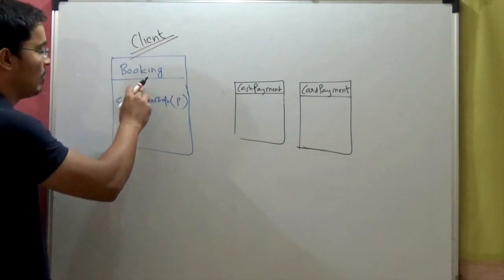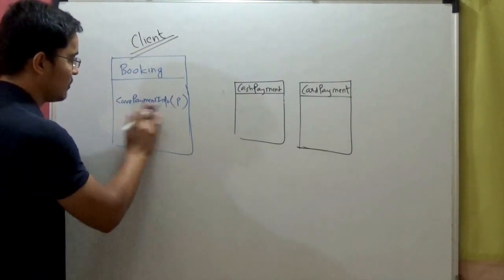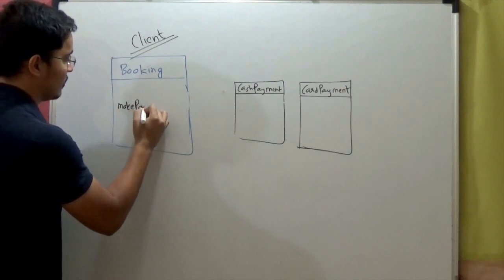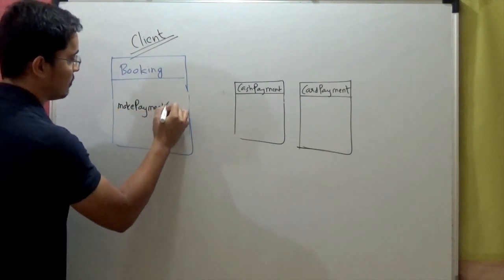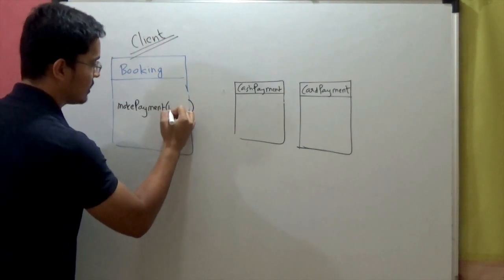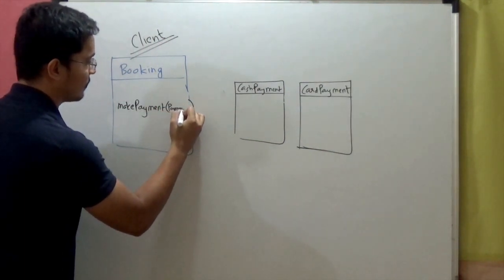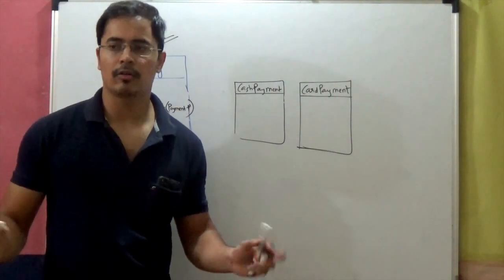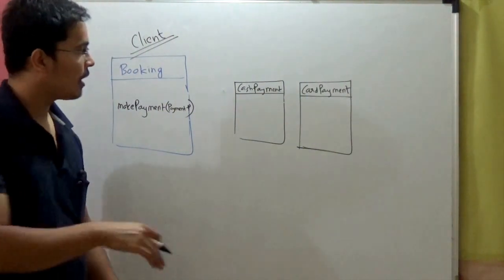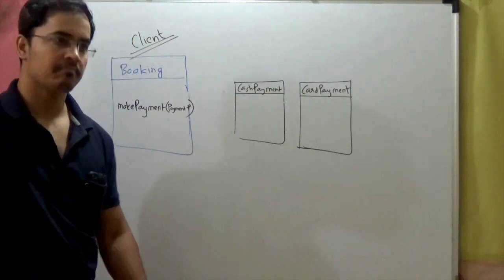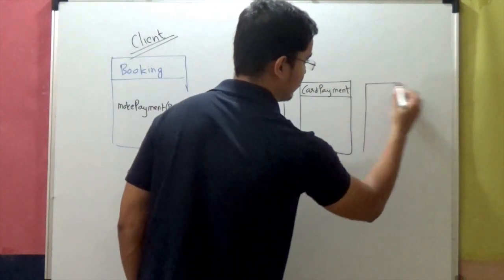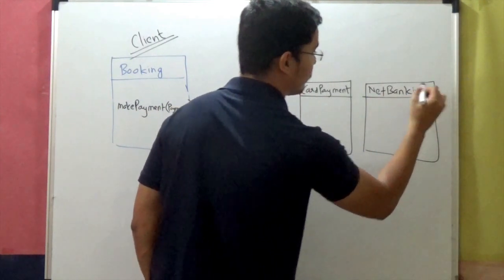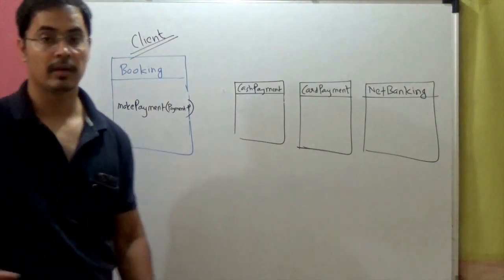We have one client, booking, which is going to use this save payment info, or let's say make payment method, which will require some instance of payment class. Earlier we had only one payment class because there was only one kind of payment, cash payment. Now we have cash payment, card payment, and let's say net banking.